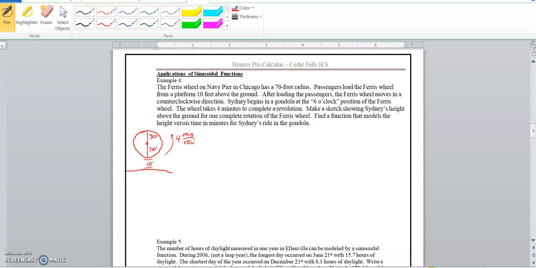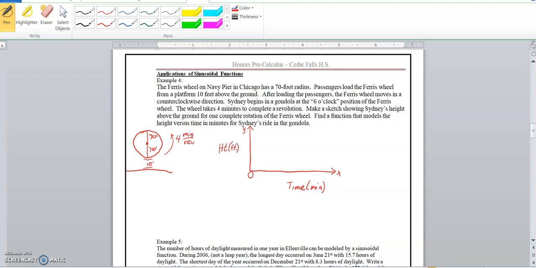What we need to do is step 1, make a sketch with x-axis being time. So what that looks like is such, and that's 0, 0. This is time in minutes, and that's height in feet.